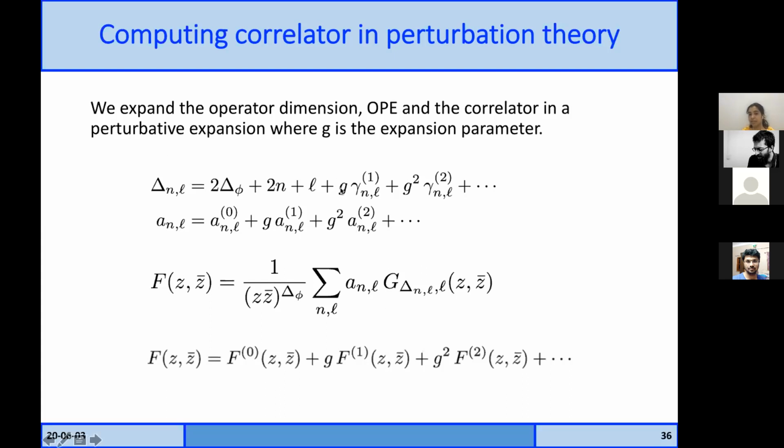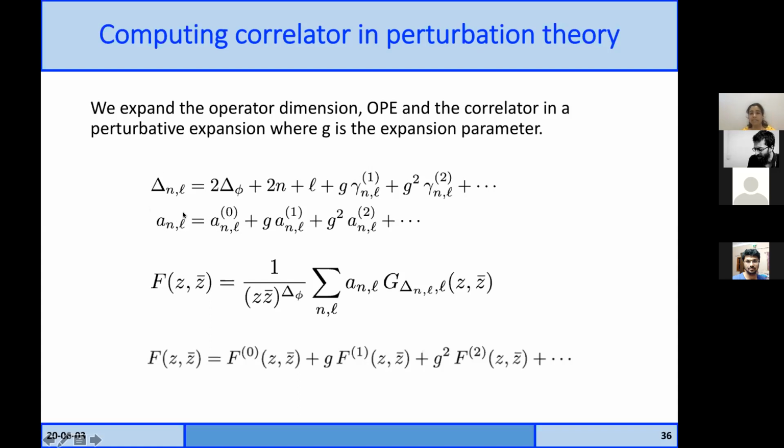Here you can think of this g as a perturbative expansion parameter, and these are the intermediate primary operators that are getting exchanged. These are the anomalous dimensions at each order in perturbation theory. This superscript indicates the order of the anomalous dimension, and you can similarly expand the OPE coefficients in a series.